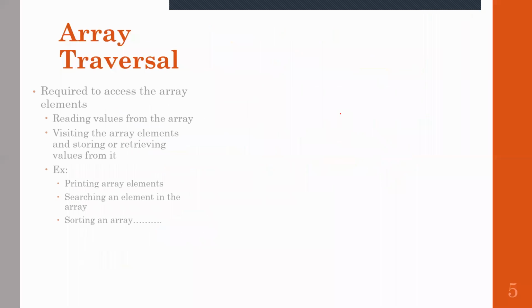So next we'll have a look at how we traverse through an array. What is traversal basically? We are trying to access the elements which are present in the array. We need to read the values present in the array, then visit each of the elements and store or retrieve the values from it.